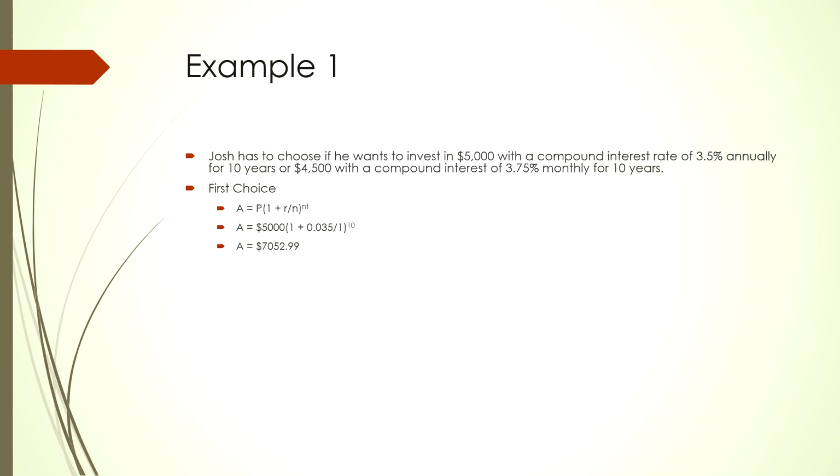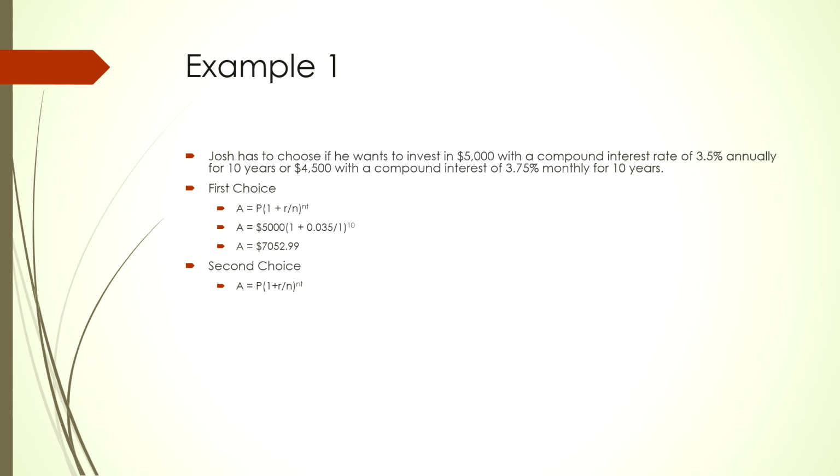And then we do all the math. Of course, we do what's in parentheses first, and then we take it to the 10th power, and then times 5,000, which we come up with $7,052.99.